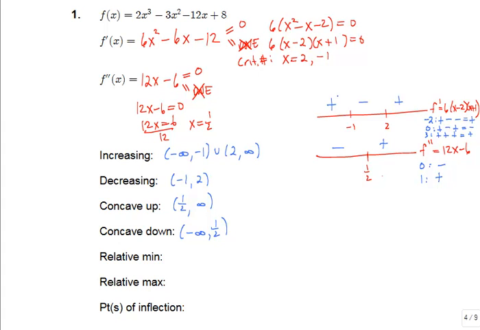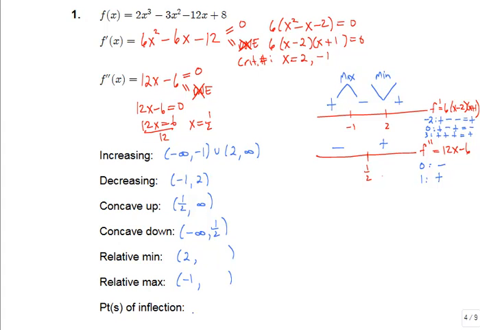Since this goes up on the left because it's increasing and down on the right because it's decreasing, this is going to be a relative max. And at 2, I go down on the left because I decrease, and then I go up on the right because I increase, so that's going to be my min. So we will have a relative min at 2 for the x, and a relative max at -1 for the x. I will figure out what those y values are in a little bit.